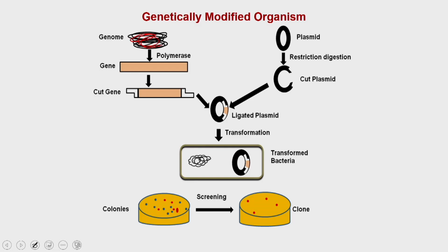In the scheme, once you have an organism from which you want to isolate the gene, you can isolate the gene and then do a restriction digestion of this gene.